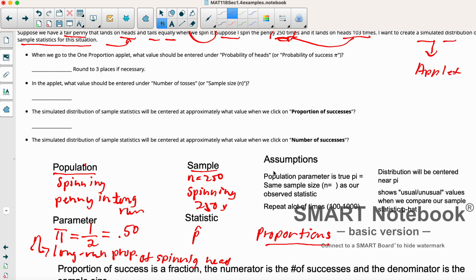All right, so if I'm going to put it in the applet, I need a set of assumptions. I need to tell the computer what to do. I want to create a distribution assuming that the population parameter is true. In this case, pi is equal to 0.5.